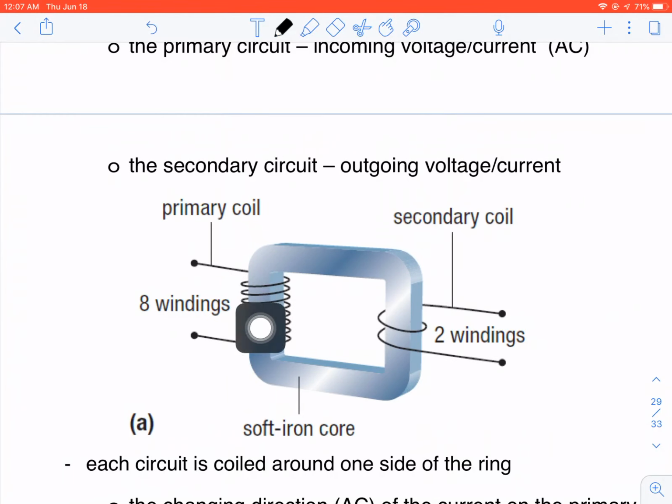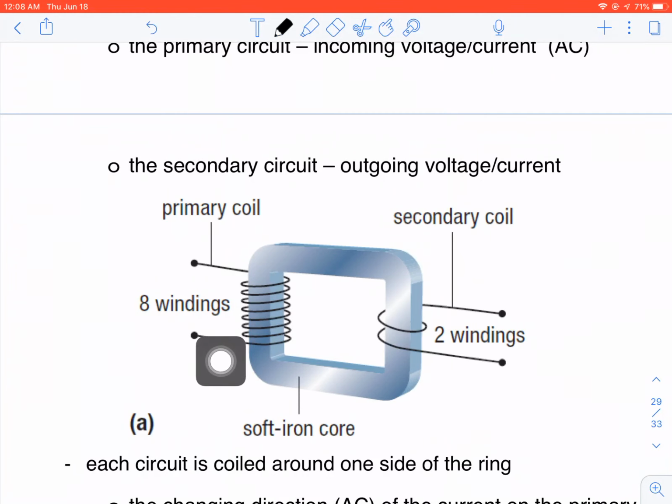The electron flow, or conventional flow, on this side is separated from the electricity on this side. They're not connected. But because the electricity on this side is going back and forth, it creates a magnetic field that changes as the electricity comes through faster, then stops, then speeds up and stops.